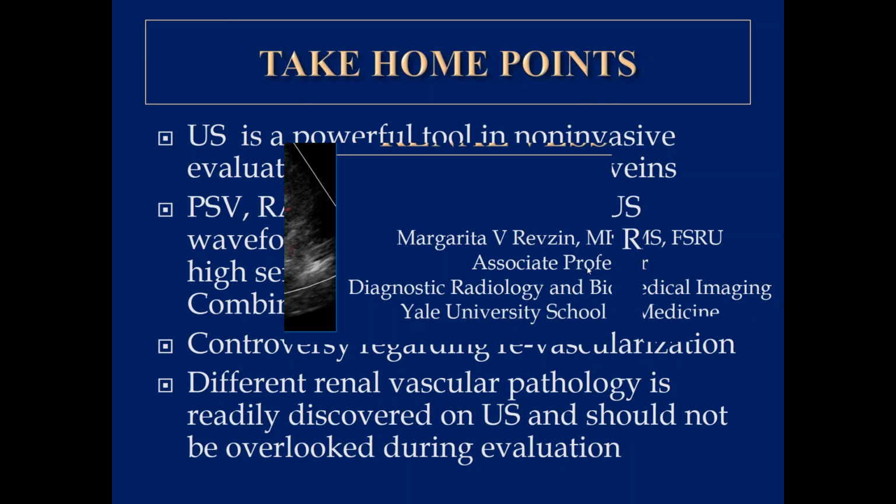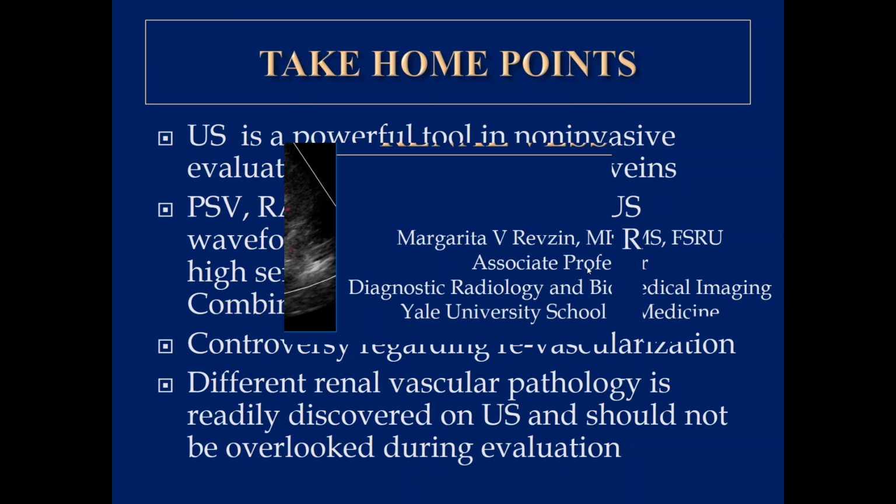Another question is asking about resistive indices. Is it significant or not? So we found, and I think it was also reported in multiple different papers, that resistive index is not really helpful in diagnosis of renal artery stenosis. In 50% of patients, it would be greater than 0.75, and in 50% of patients, it would be normal, less than 0.75.